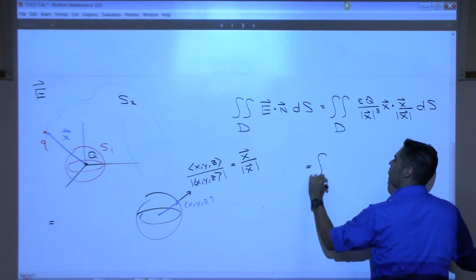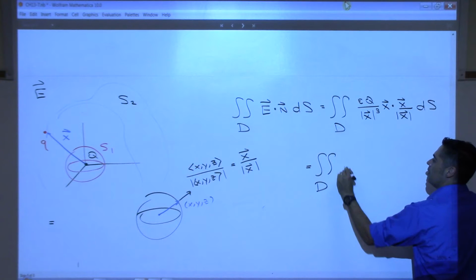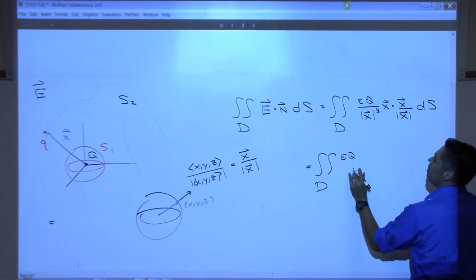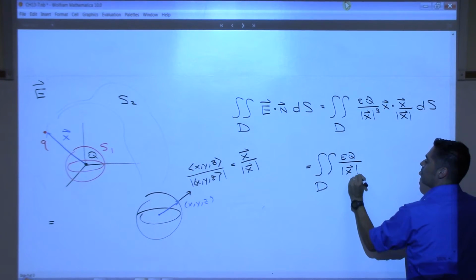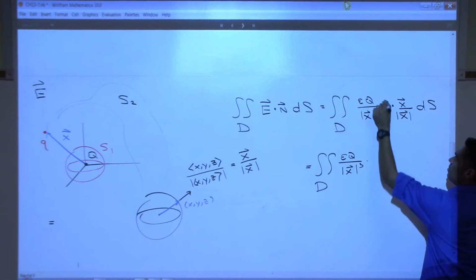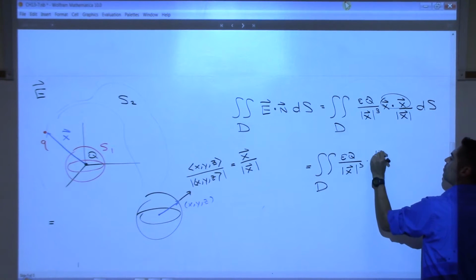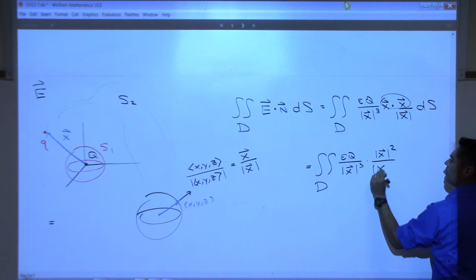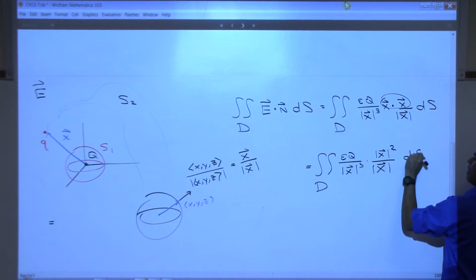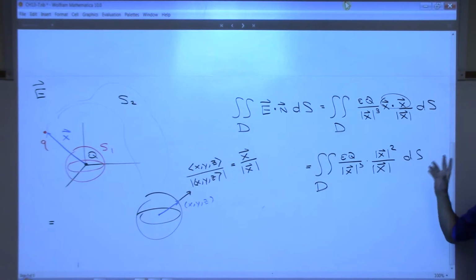All right, this is double integral over D of EQ of what? Magnitude of x cubed times these two together is magnitude of x squared over this is magnitude of x, then ds, and what is that?